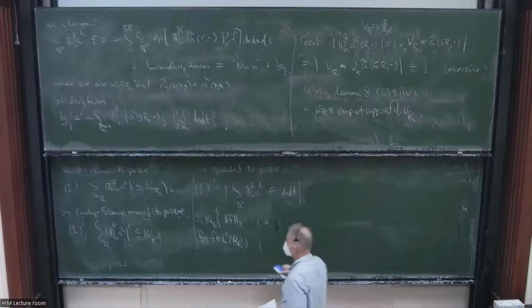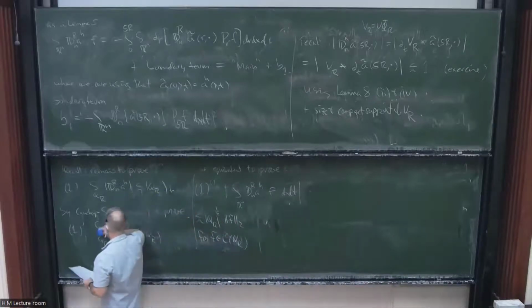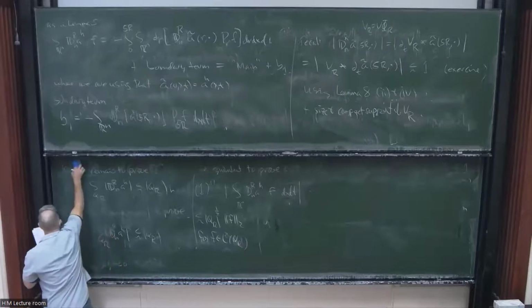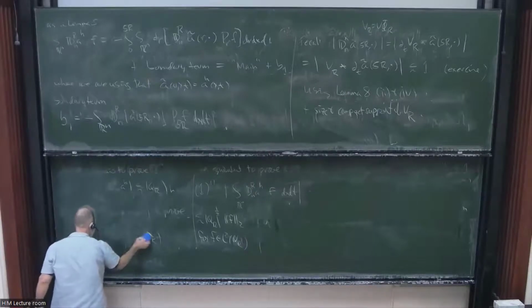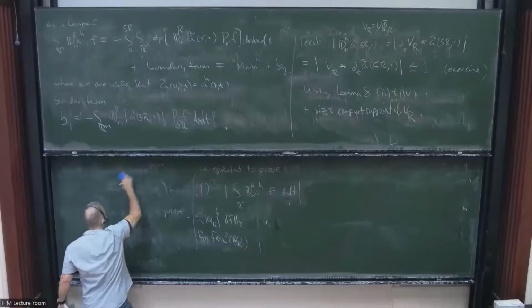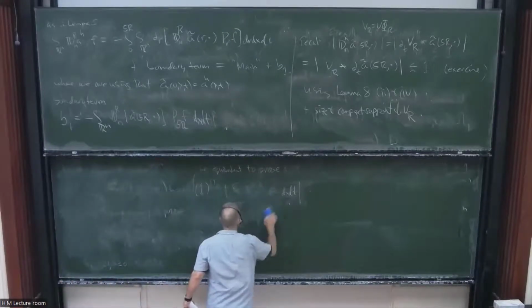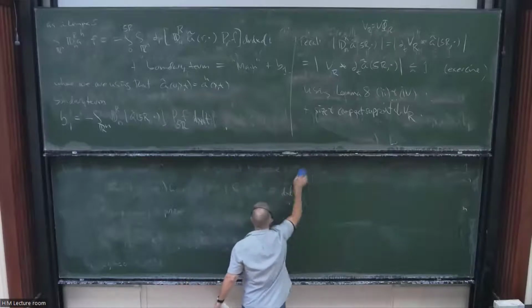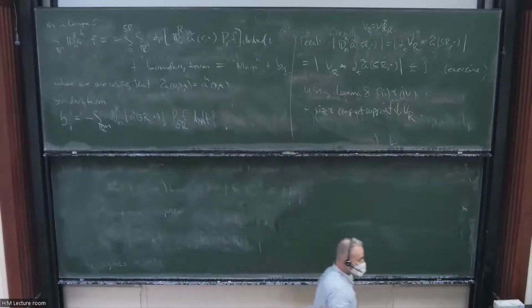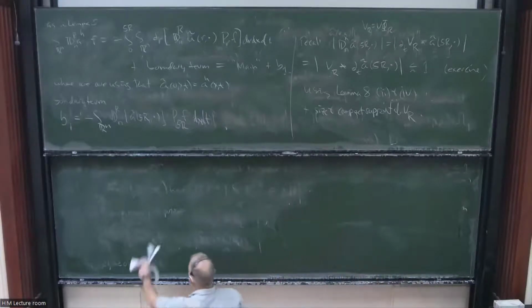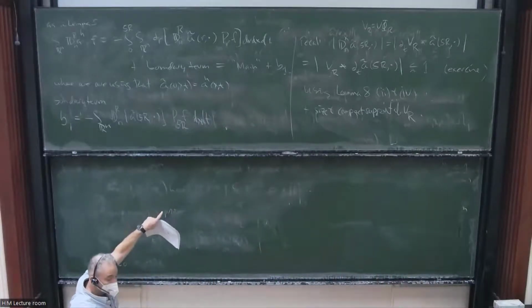All right, so the main term. Oh, wait, I need to say the punchline for the boundary term. I'm sorry. So for the boundary term, what does this tell us? This tells us that this first factor is bounded.